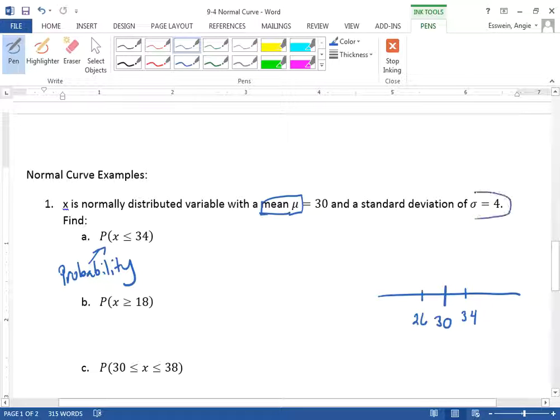I'm using the standard deviation. And then I'm going to do my second standard deviation. I just add 4 again, so I get 38. Then I subtract 4 and I get 22. And we'll go 3 standard deviations out. So this is 42, and this is 18.